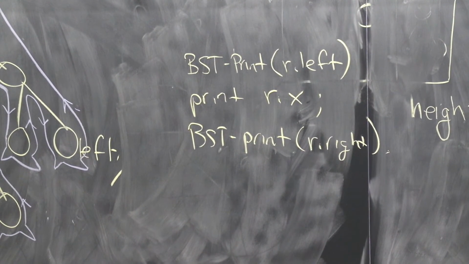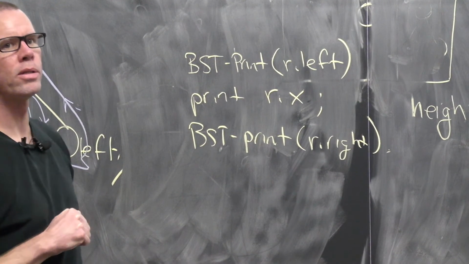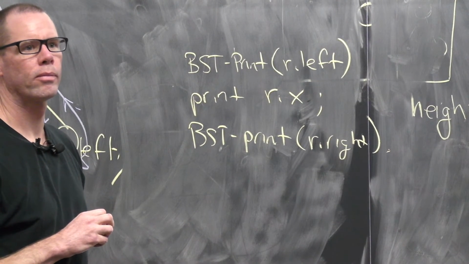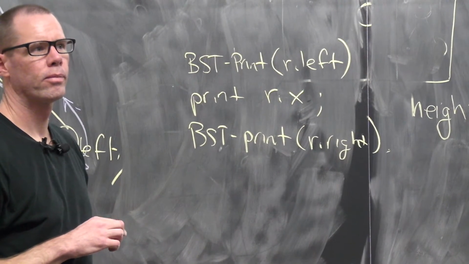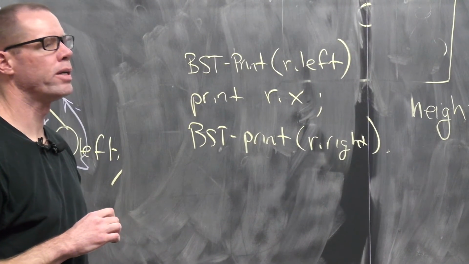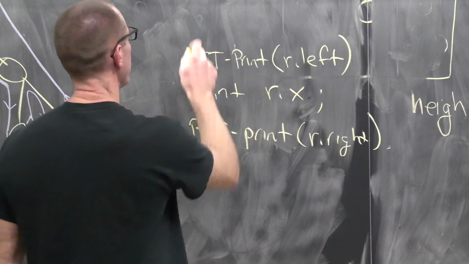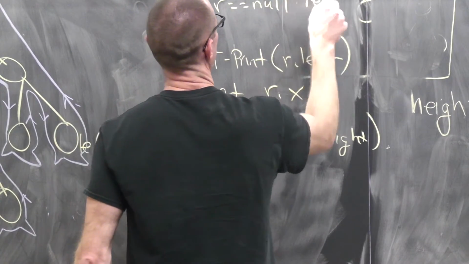It's a recursive function. It needs a base case, which is, what's the easy one? What's the easiest tree to print out all the values in? The empty tree. So if r equals null, just return. Don't print anything.